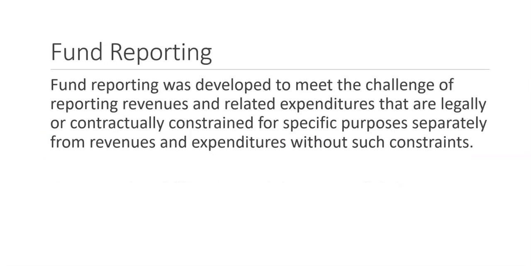Okay. Fund reporting is developed to meet the challenge of reporting revenues and expenditures that are legally or contractually constrained for specific purposes separately from revenues and expenditures without such constraints. So in government funding, there are funds that are restricted for very specific purposes.